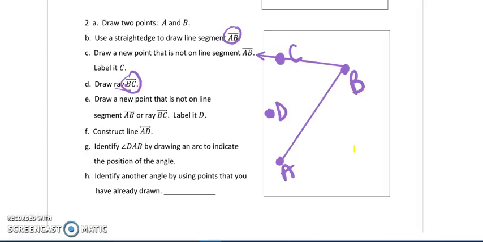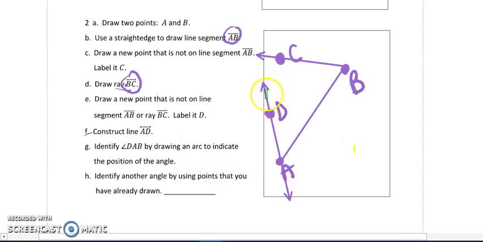So I know it's going to pass through A and pass through D because I see arrows on the label. Now it says, having done all these steps, identify angle DAB by drawing an arc to indicate the position of the angle.